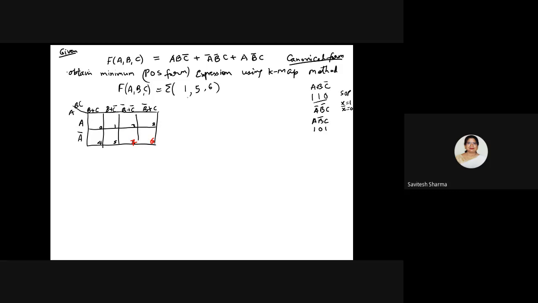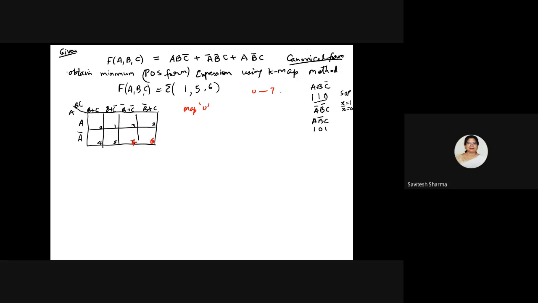And the next step is, as I want the POS form, what will I do? I will map zeros. Where will you map zeros? You will map zeros where the decimal equivalents are missing. What are the missing decimal equivalents here? Your numbering is 0 to 7. As these are 3 variables, the total combinations are 8, so your sequence goes 0, 1, 2, 3, 4, 5, 6, 7.